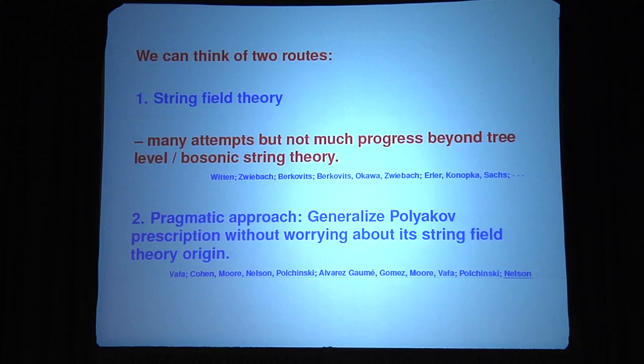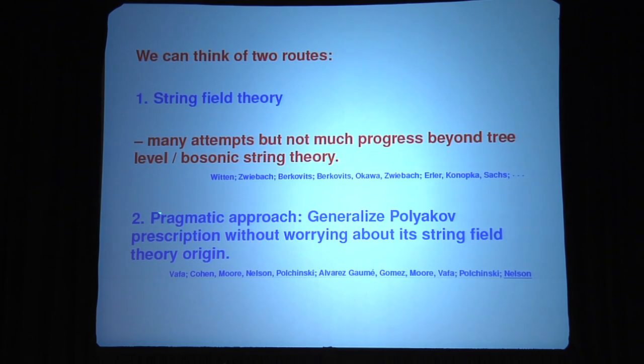Now, for defining off-shell Green's functions, we can think of two routes. One is the route of string field theory. This, of course, would be ideal. However, at present, the only consistent string field theory at loop order that we know of is in the context of bosonic string theory. There have been many attempts to formulate a string field theory for superstrings and heterotic strings, but there has not really been much progress beyond tree level.